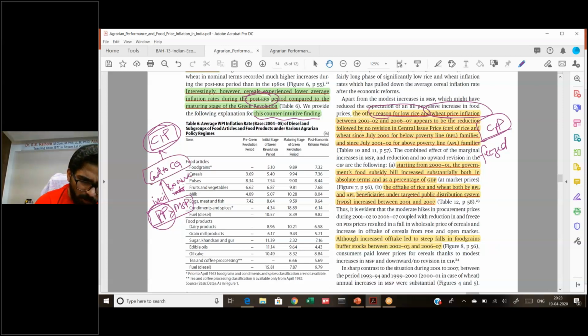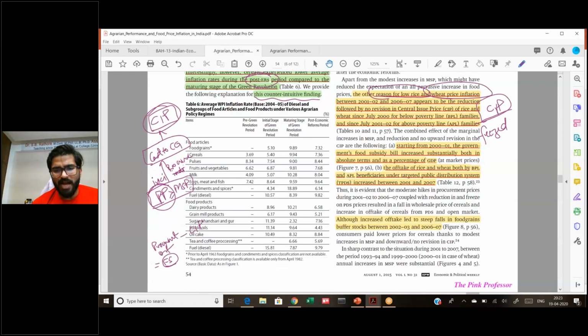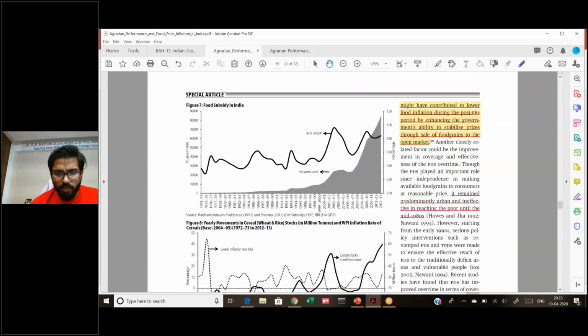So the difference between the procurement cost minus the central issue price, which is what the central government receives out of selling, is the food subsidy. And if you see this food subsidy, it has actually exploded after 2002. See the food subsidy, and you can find the years 2001, 2002, and 2002 is actually the year when it explodes.